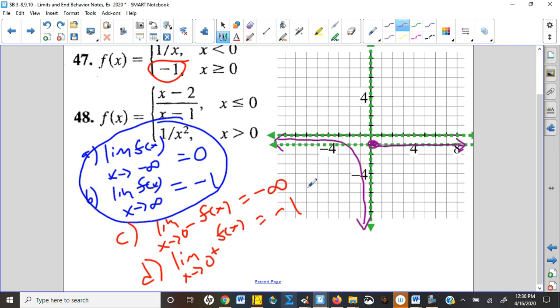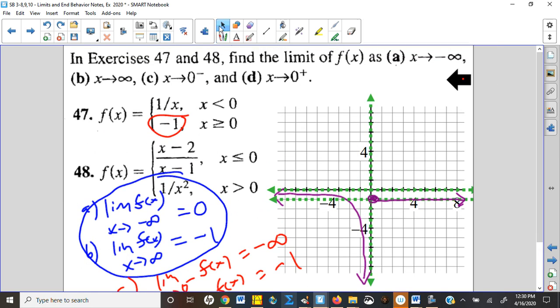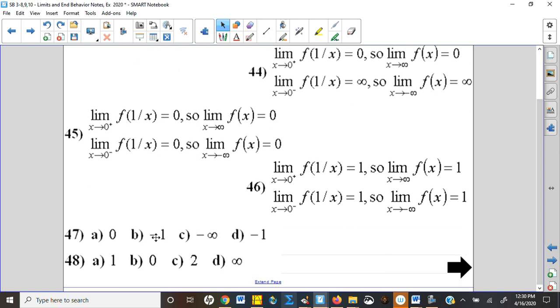So as I come into 0 from the right, I'm just, once again, hanging at negative 1. And so that's where those answers come from: 0, negative 1, infinity, and negative 1 again. And you can see that matches up with what we got. So that's what you do on those problems. You just kind of graph them out. So this is already longer than I intended because I spent a lot of time with the end behavior models.